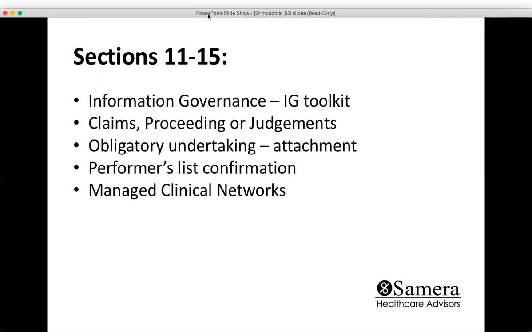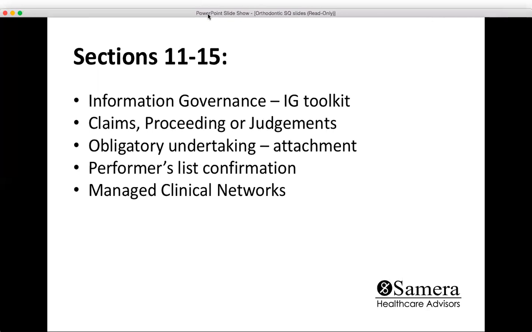Okay. Performers list, basically share your performance details. So it's a yes or a no, basically, this answer. Okay.